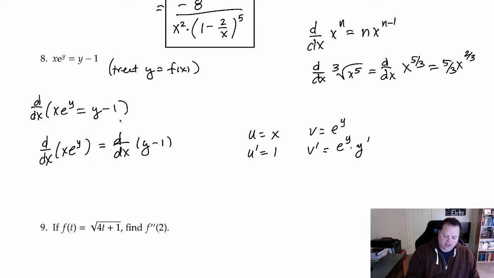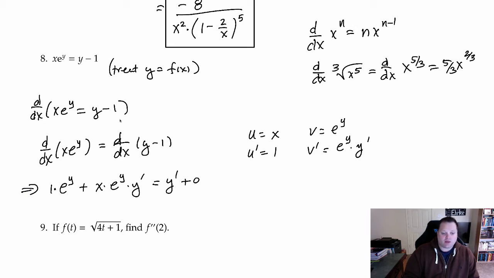So on the left-hand side, you would have u prime times v plus u times v prime, and on the right-hand side, the derivative of y is y prime, the derivative of negative 1 is 0.